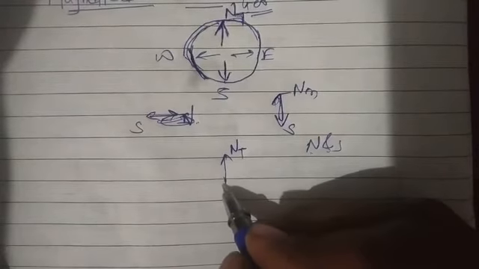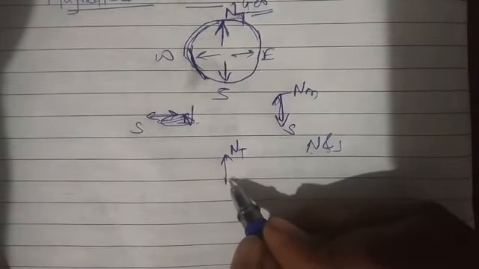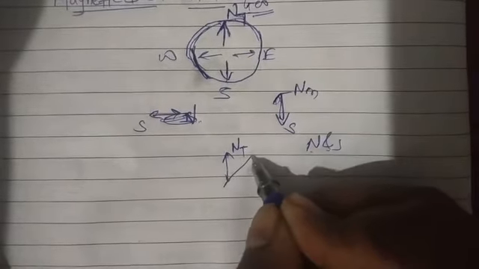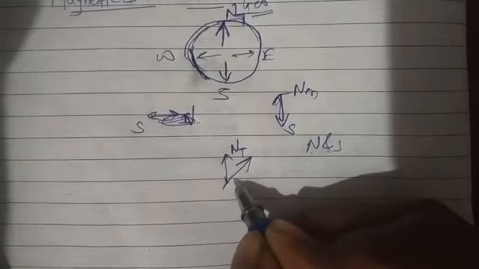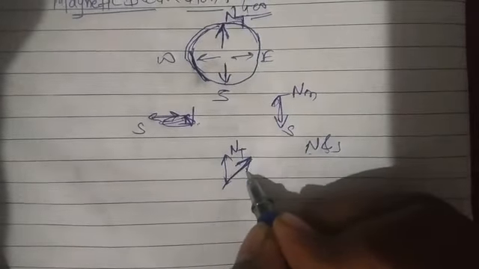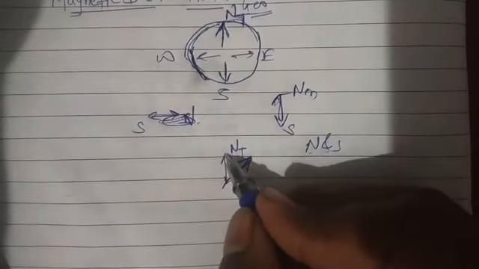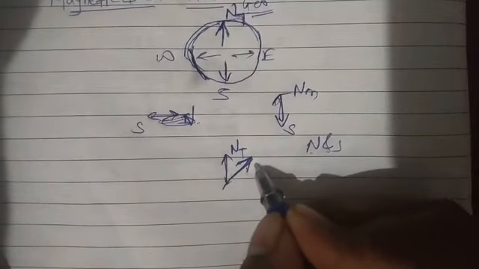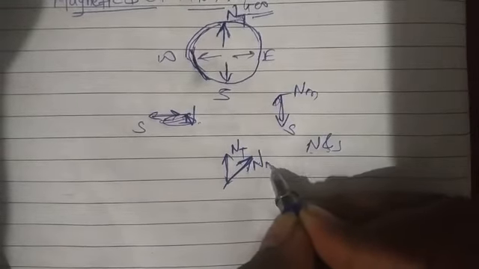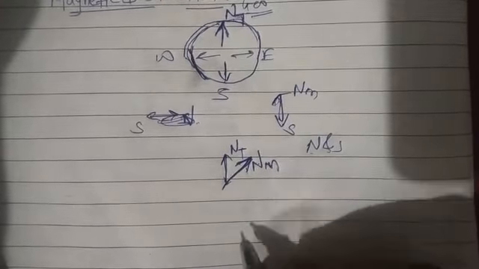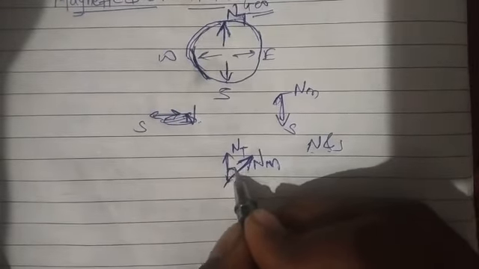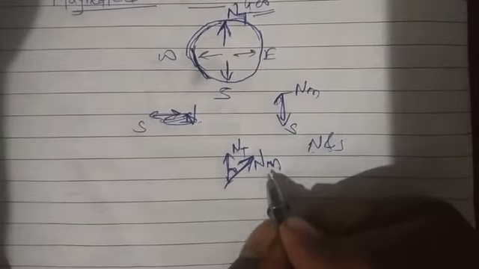In this case, what happens is this magnetic needle may show magnetic north in the other direction than true north. So if suppose this is position of true north, then magnetic needle may show magnetic north in this direction. Okay, so this is the angle between true north and magnetic north.